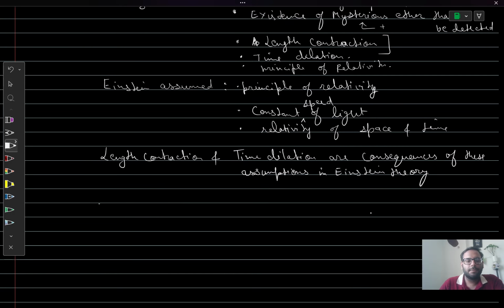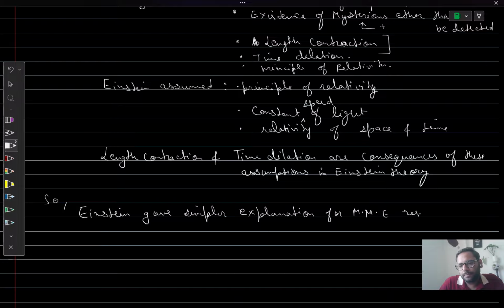So Einstein gave simpler explanations. Nice. So Einstein actually gave a simpler explanation for the Michelson-Morley experiment results, or say null result.